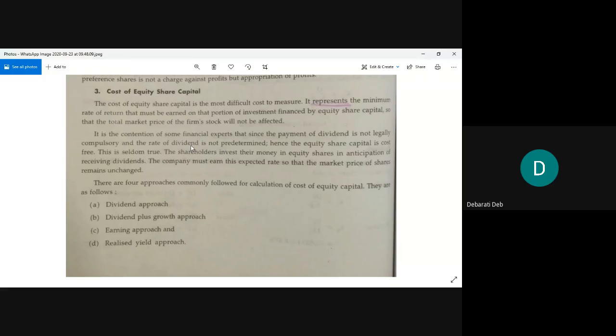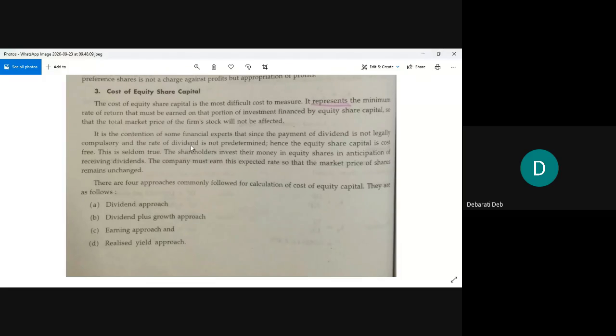Calculating the cost of the equity share is pretty tedious, but there are ways to do that. And you have to keep in mind that when you are calculating the cost of equity share capital, the total market price of the firm's stock should not be changed.